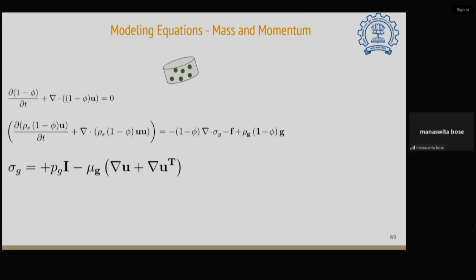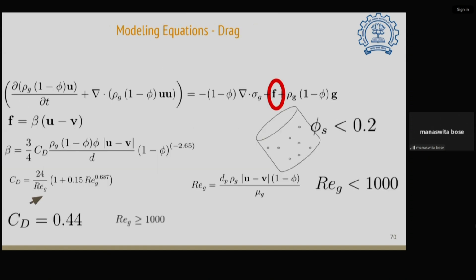Now, how do we calculate the interparticle drag force? This is where I'm first showing you the fluid phase equations: the continuity equation is the first equation, and the second is the momentum conservation equation. You must have seen this equation several times over the last 3 days, so I'm not going to get into that. I'm going to talk about this F term, the interface exchange term.